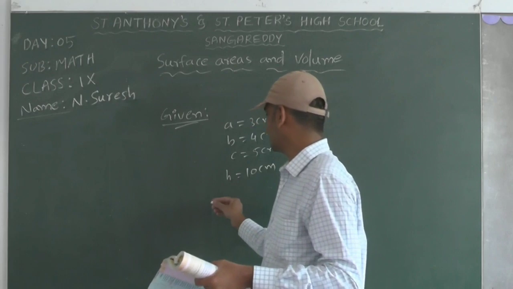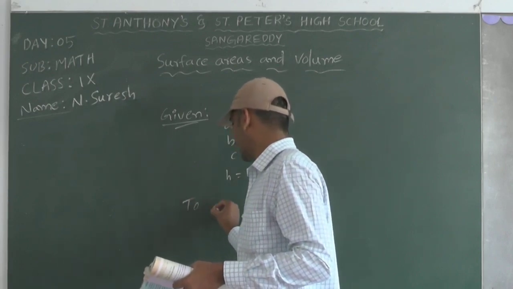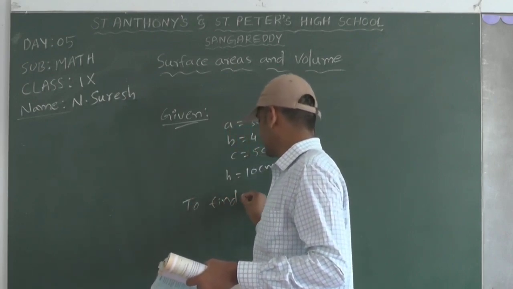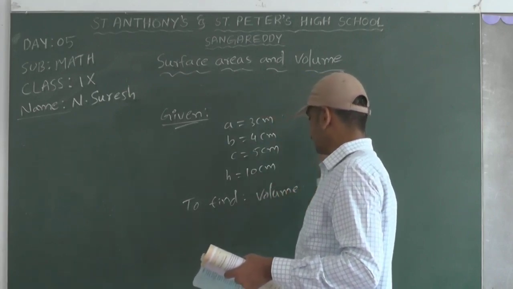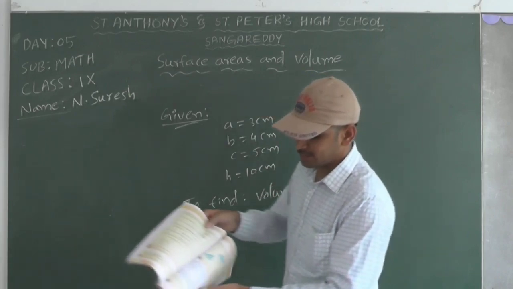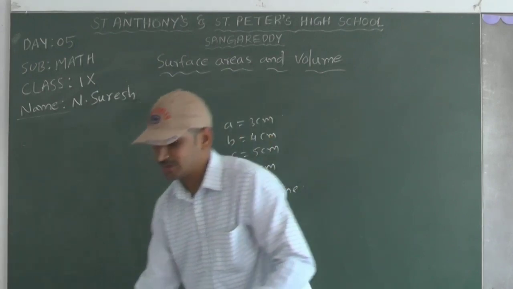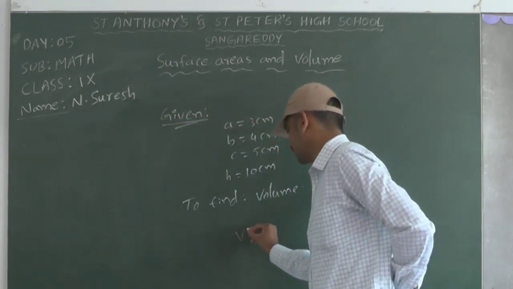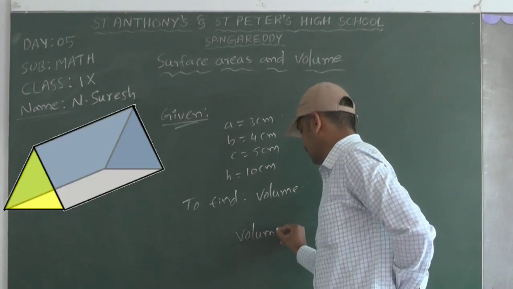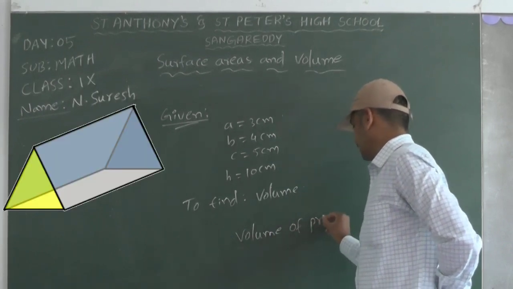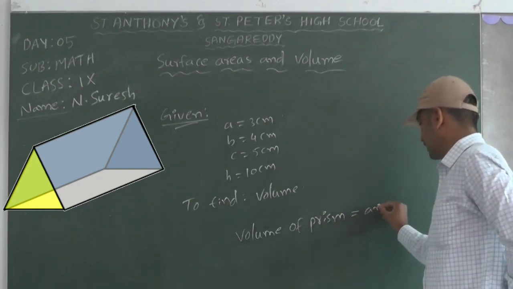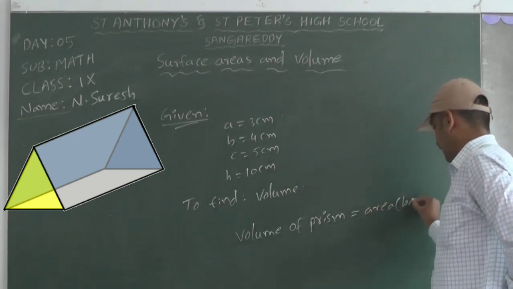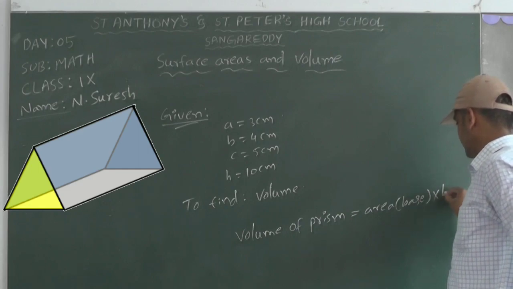We have to find the volume of the triangular prism. So we know very well, for any prism, volume of prism equals area of base into height.